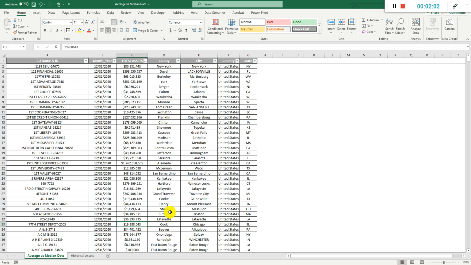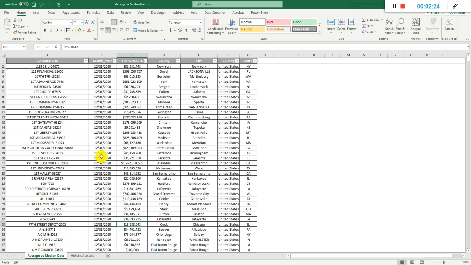But let's take a look at the data and see that there are outliers, that our distribution is not normal, that our distribution is skewed to one side. And when your distribution has outliers and is skewed to one side, you want to use the median.